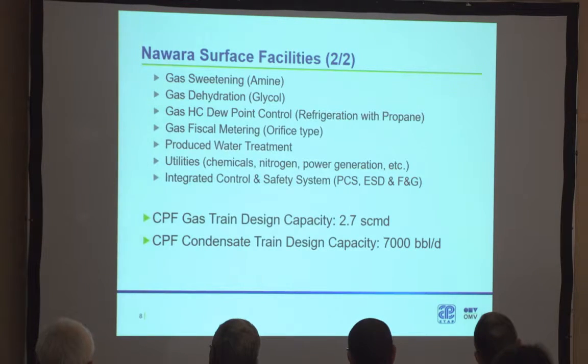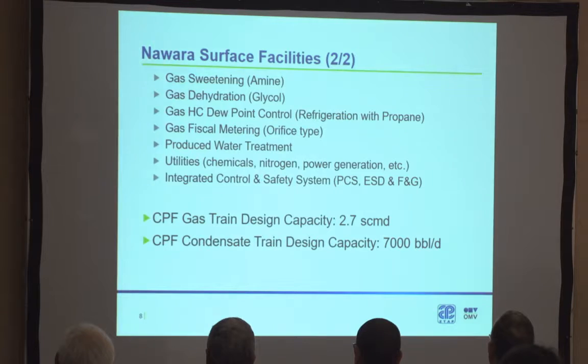For the metering of the gas, it's a fiscal type using orifice type, before export of the gas to both Tatawin plant and Gebis treatment for the final treatment of the gas. The water will be treated in the CPF as well. Produced water will be sent to evaporation ponds in the desert near the CPF.